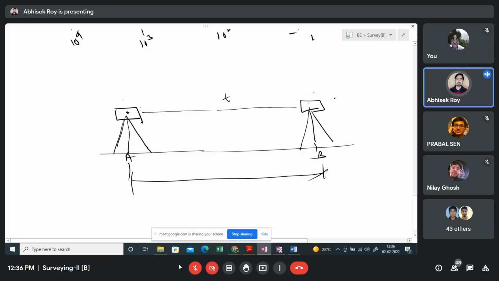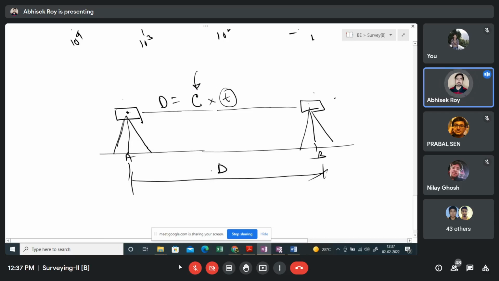If you are able to start the device which can measure the time interval when A is generating the wave, and stop it when B is receiving the wave, then this time interval can be measured. And if you multiply that time interval by the speed of the electromagnetic wave, obviously you will get this distance d, right?